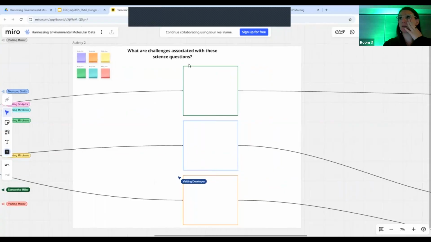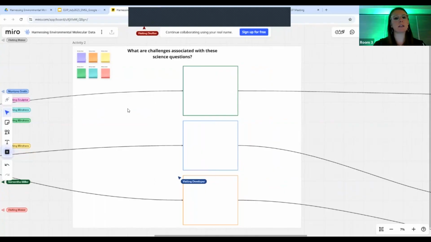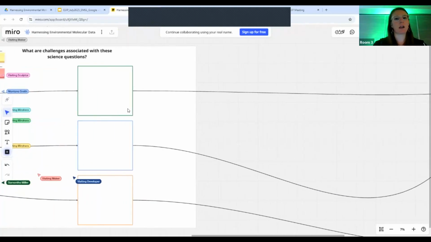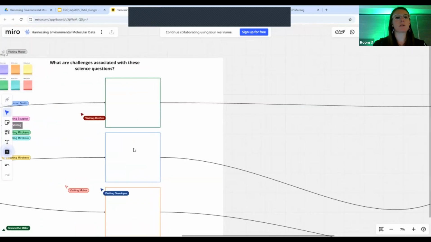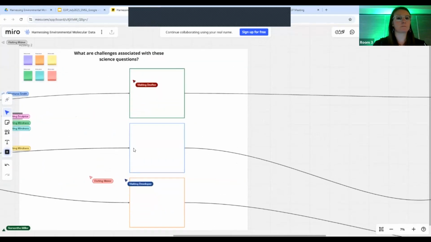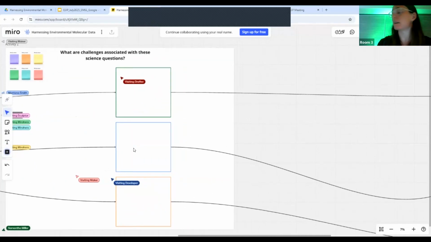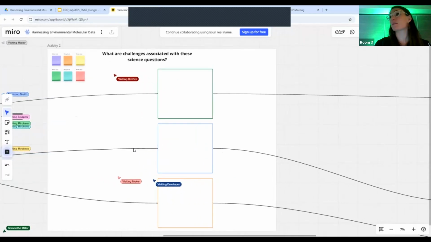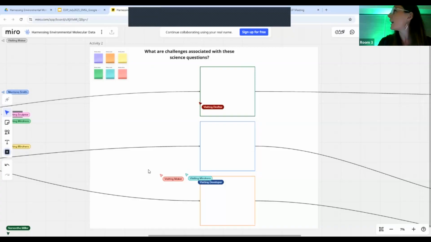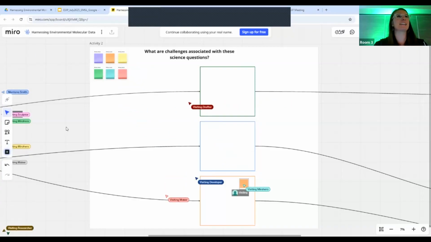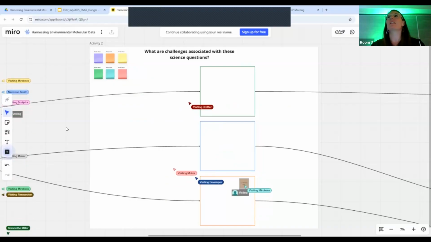So thinking about the science question sticky that you put in, and whichever area of these little green, blue, or orange boxes, drop another sticky and add some challenges associated with that science question that you have. I'm sorry if I'm giving everybody motion sickness from moving around on this main screen so much. It looks very different here than it does there, and I'm not used to not Max.